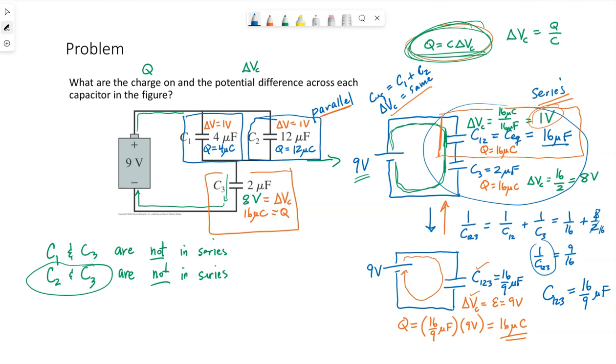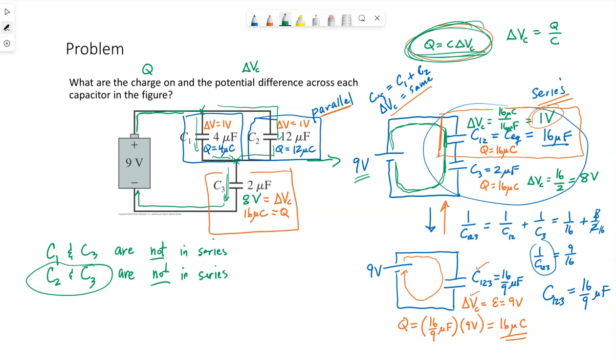So a couple things to note. As we followed the path from one end of the battery to the other, we had our choice. Either way, though, we had to come back to this junction and then go through this 2 microfarad capacitor.